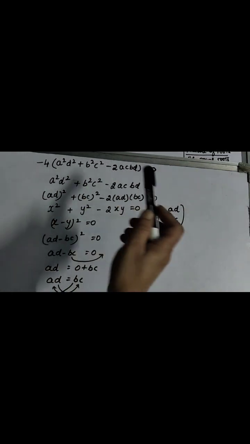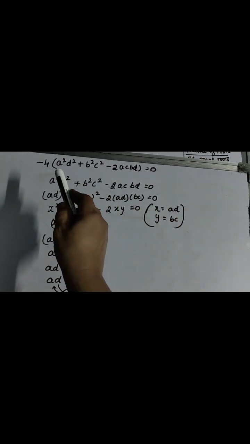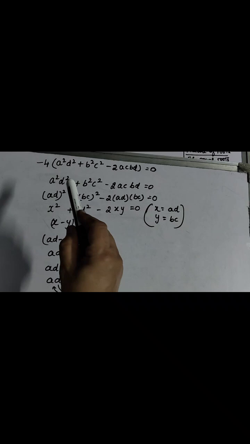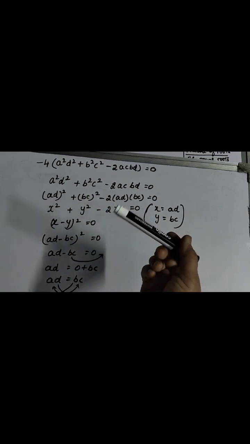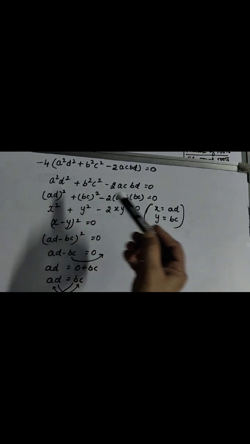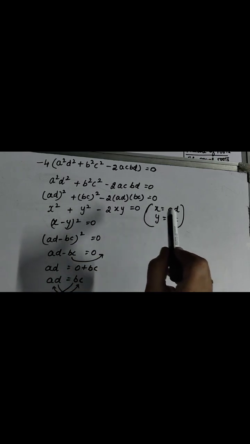Now since minus 4 cannot be 0, we have to equate the second part of the product, a squared d squared plus b squared c squared minus 2acbd, equal to 0. Now we can rewrite this as the whole squared form of (ad) squared plus (bc) squared minus 2 into ad into bc, which makes us understand that this is the expanded form of x squared plus y squared minus 2xy, whose factorized form is x minus y the whole squared. x is identified as ad and y is identified as bc.